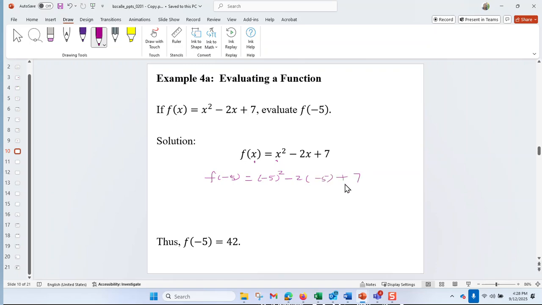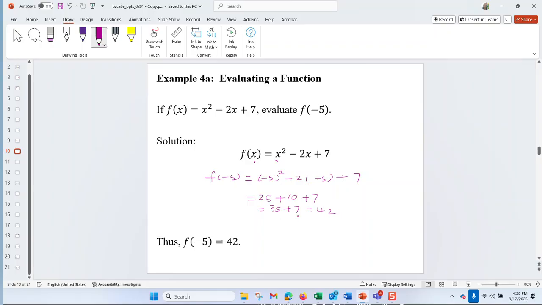That is how you calculate. This negative also has a square, so negative squared will be positive. So this is positive 25. And then negative times negative is positive, so 2 times 5 is 10, and then plus 7. So you're going to have 35 plus 7, or just equal to 42.